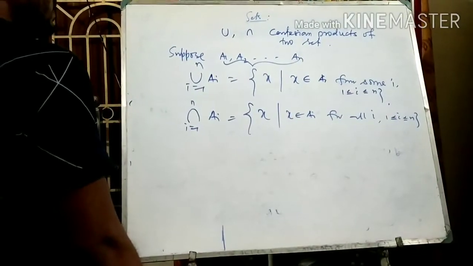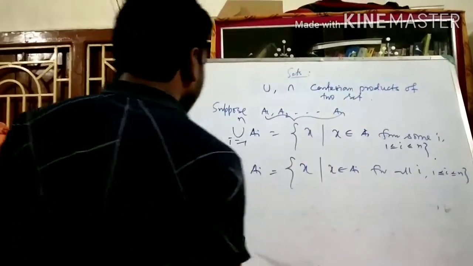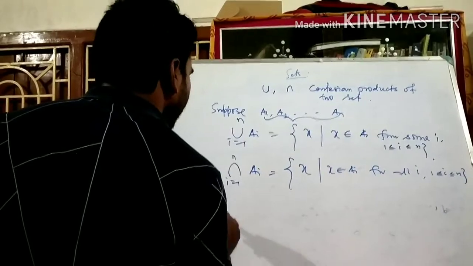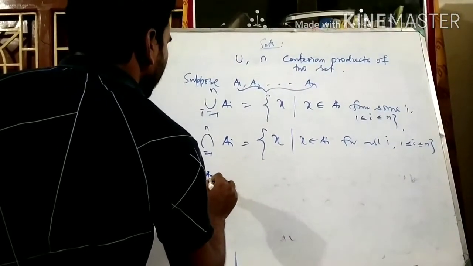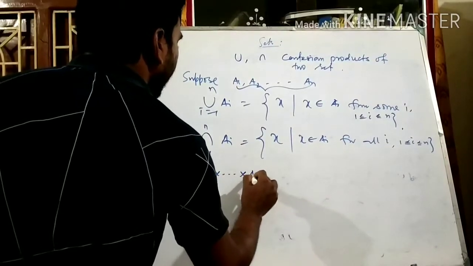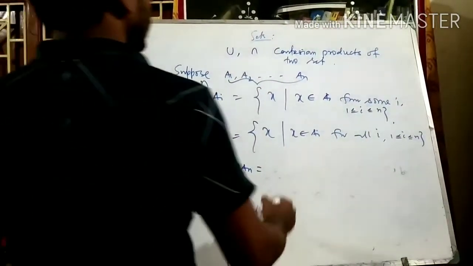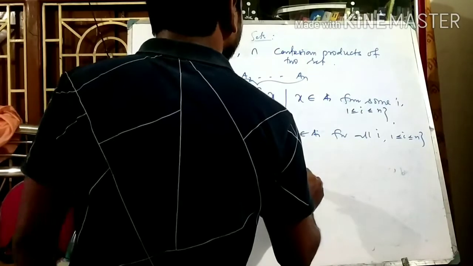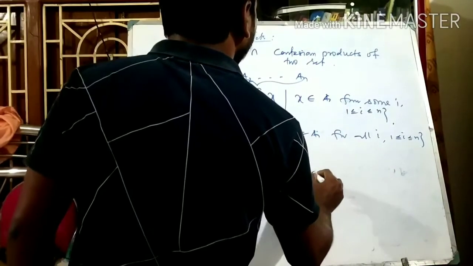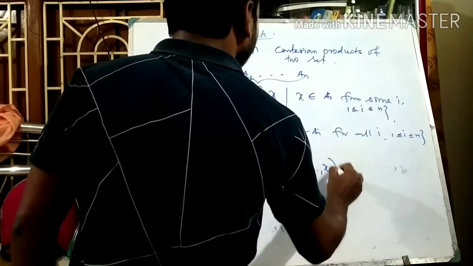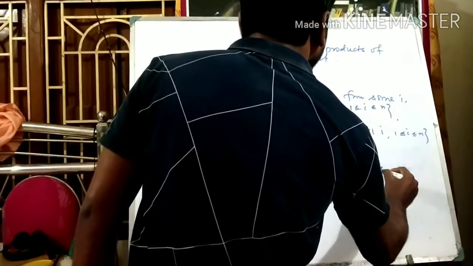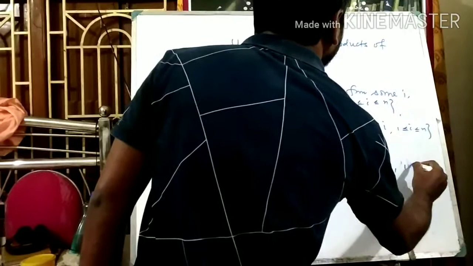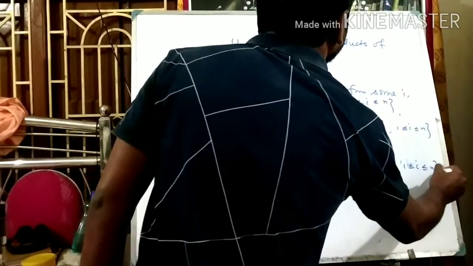And the Cartesian product of these n sets is defined as A1 cross A2 cross up to cross An, equal to the set of x1, x2, up to xn such that xi belongs to Ai, 1 less than or equal to i less than or equal to n.